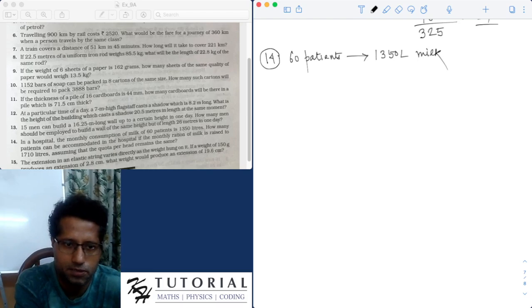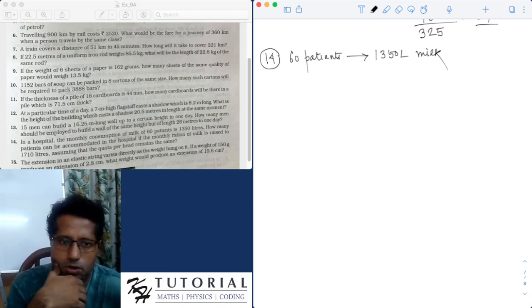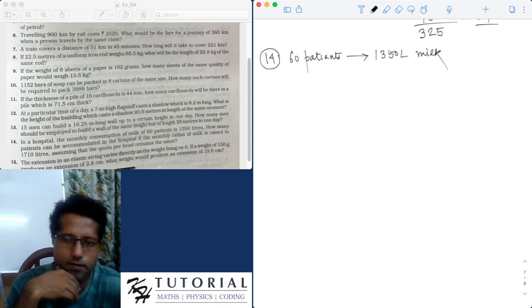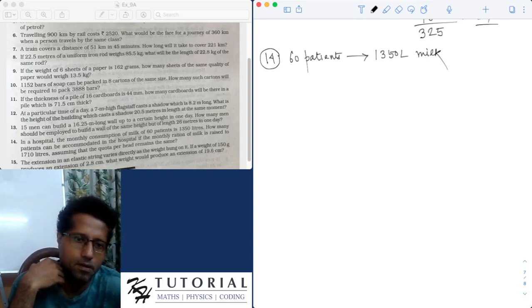How many patients can be accommodated if the monthly ration of milk, meaning the monthly consumption, is increased from 1350 to 1710 liters?